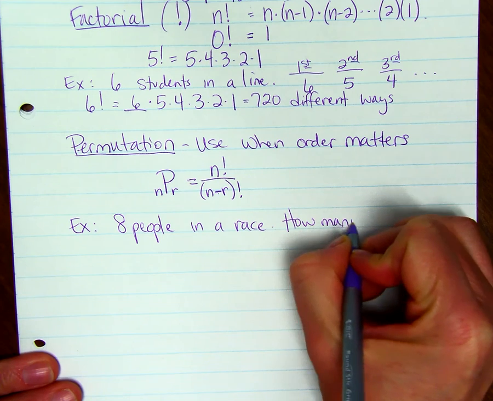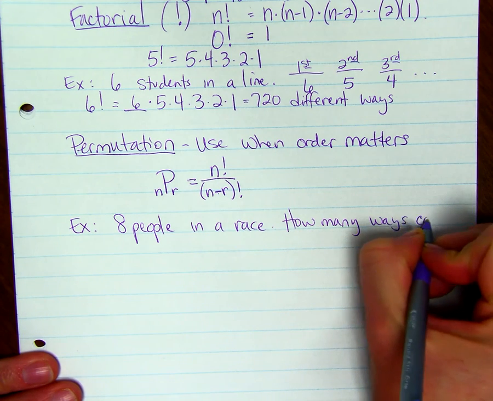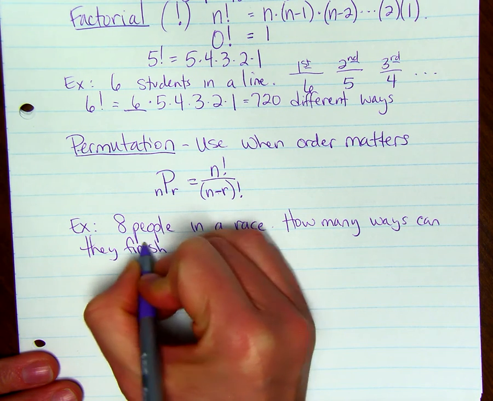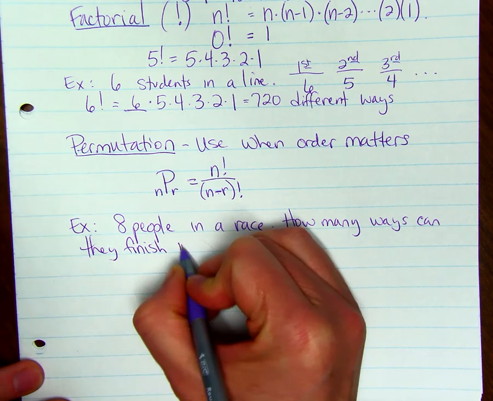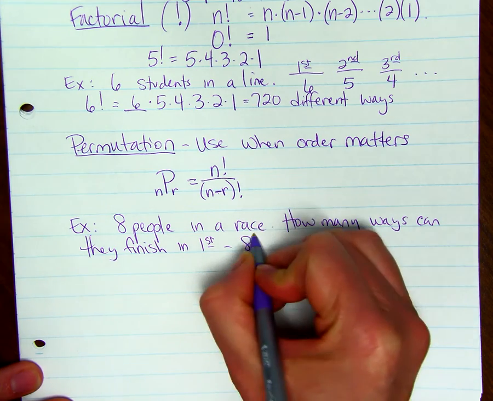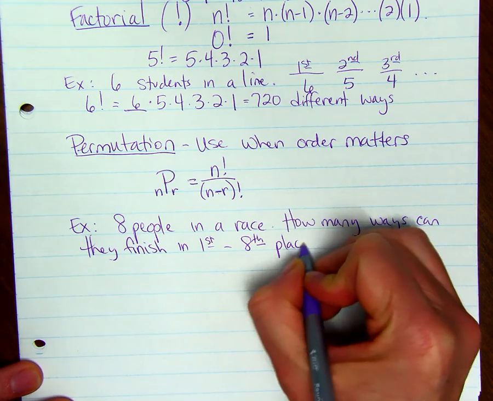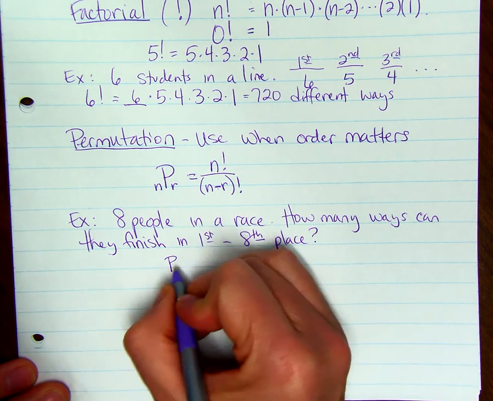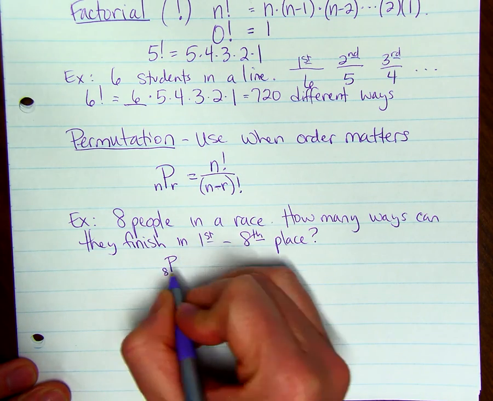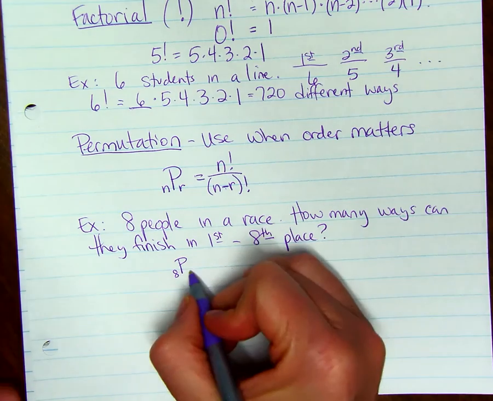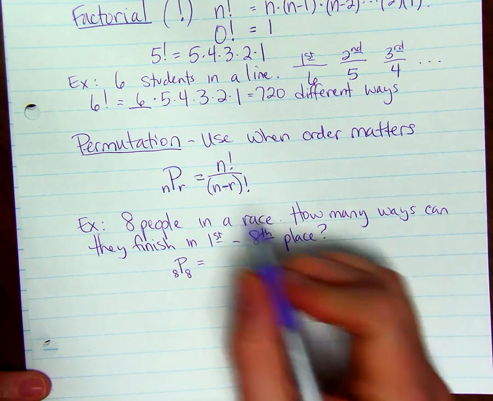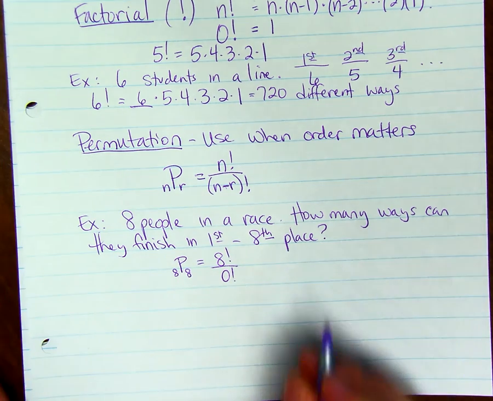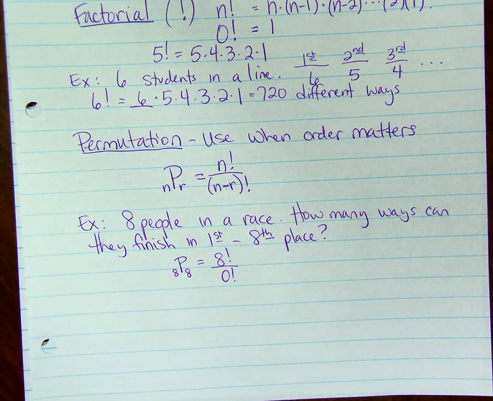How many ways can they finish in 1st through 8th place? So we're going to do the permutation of 8 choose 8, which is just 8 factorial over 8 minus 8, or 0 factorial, which is just 1.